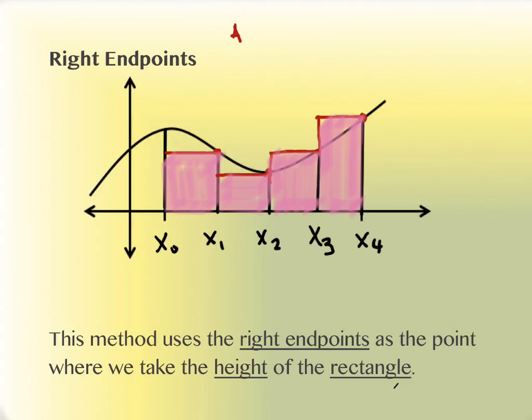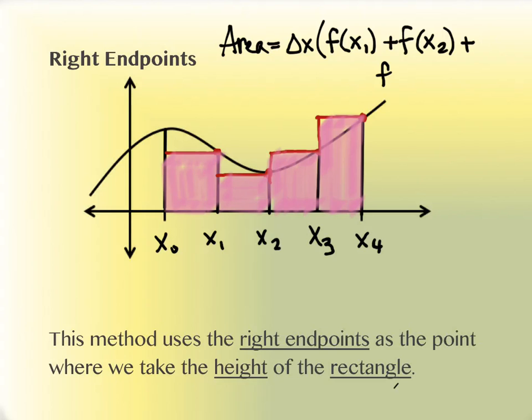So my area on this will be delta x multiplied by the sum of these y values, but the y values will start at x1 instead of x0, and they'll go all the way over to x4 instead of stopping at x3. And again, there's nothing special about 4. It's just easy for me to draw a picture for you and establish what's going on, okay?